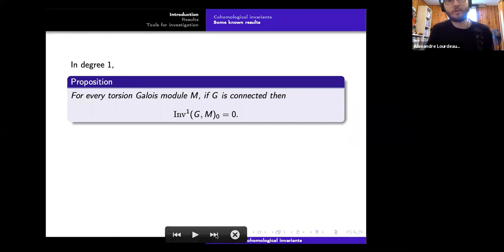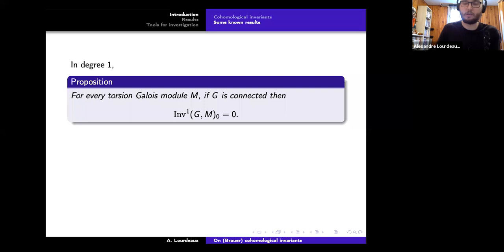So then in general, if just before it was the case of quadratic forms, but in general, in degree 1, for every torsion Galois module M, if G is a smooth connected linear algebraic group, then the degree 1 invariants have no non-trivial normalized invariant. I mean, there is a 0 here. So every invariant actually is constant.